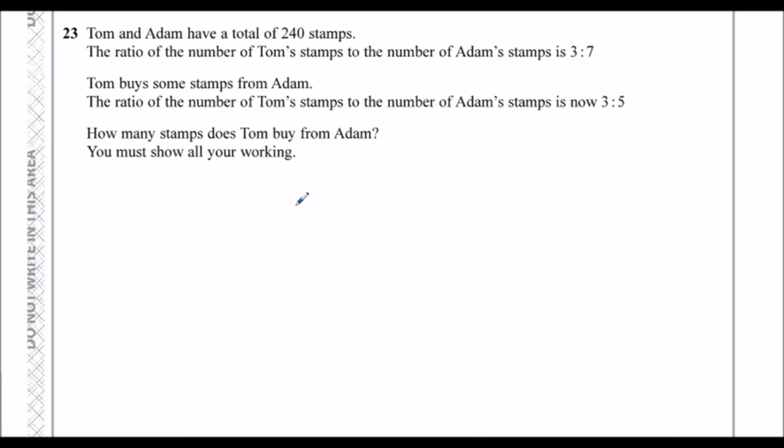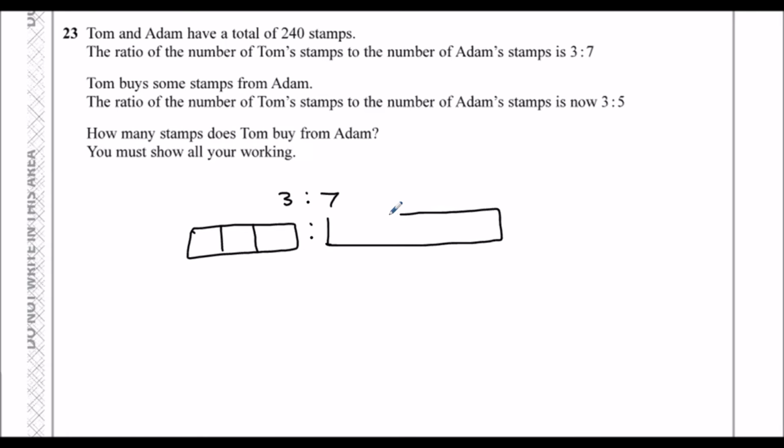So 3:7 for the first one. That's 3 parts to 7 parts. So we've got 3 parts for Tom and 7 parts for Adam. So 3:7. In total, there are 10 parts.